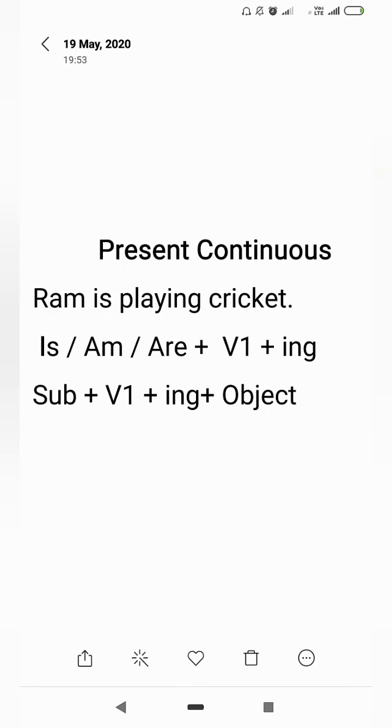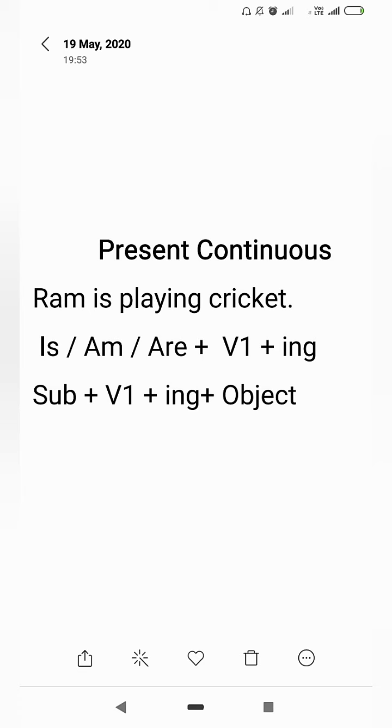Present continuous. We have to write is or am or are plus V1 plus ing form of the verb in present continuous. That means subject plus V1 plus ing plus object.